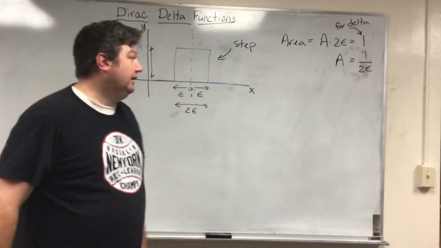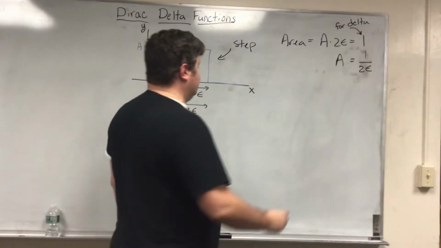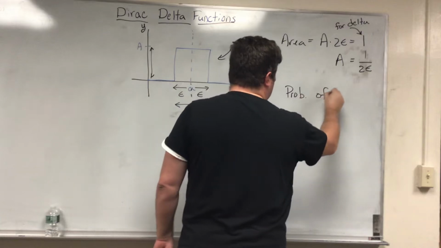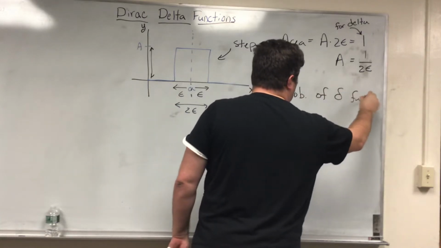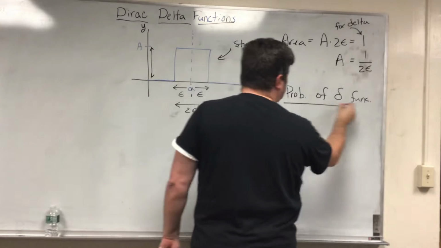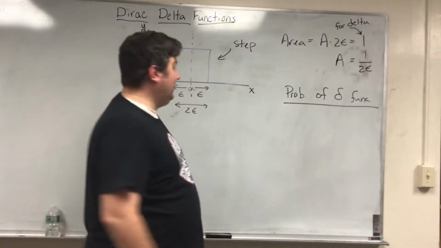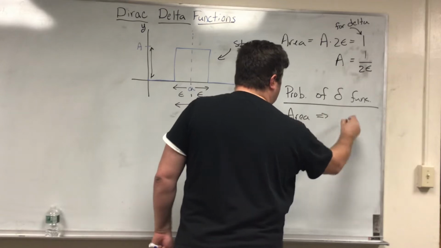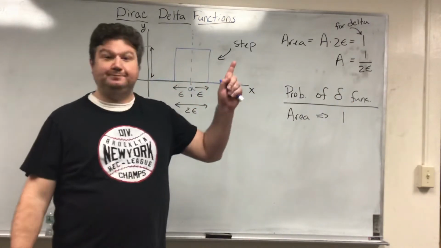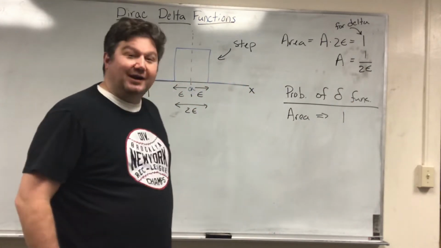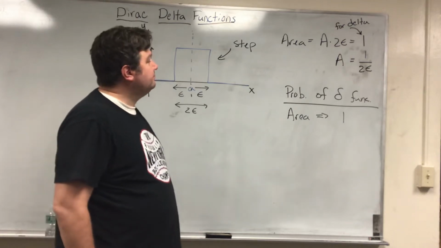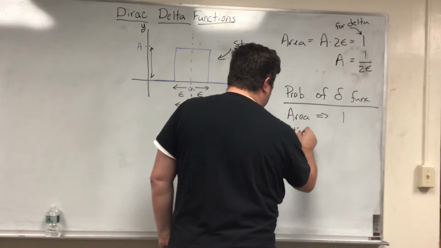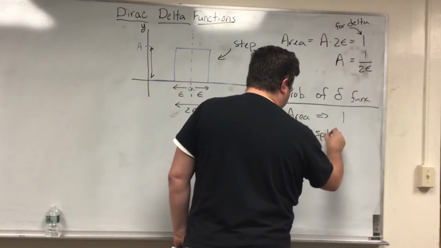So one property of the delta function is that the area is 1. Another property of the delta function is that it's a spike.